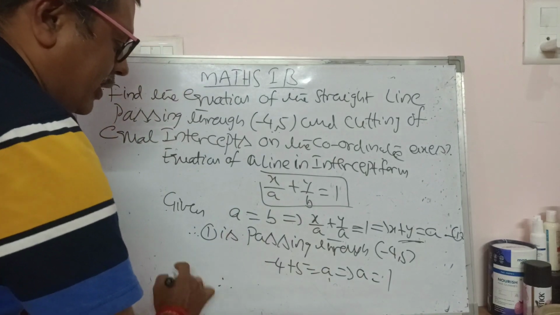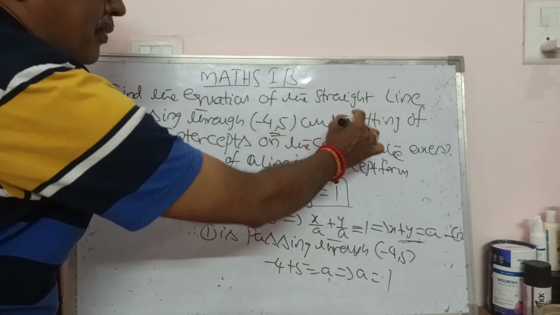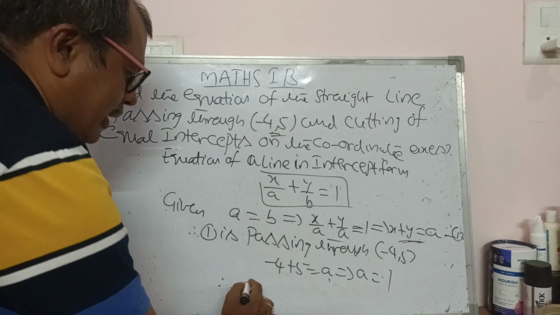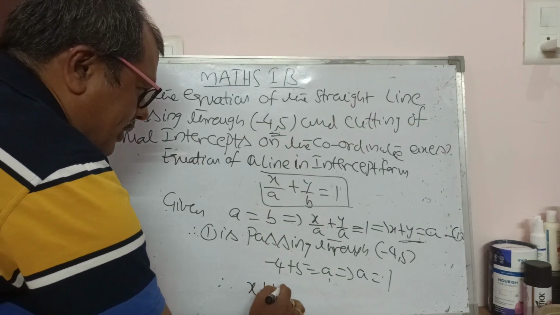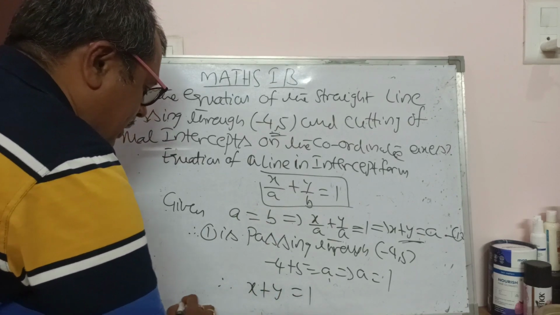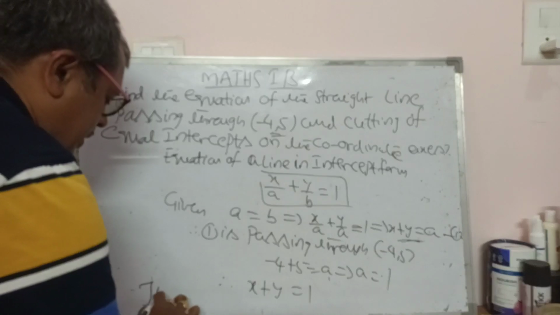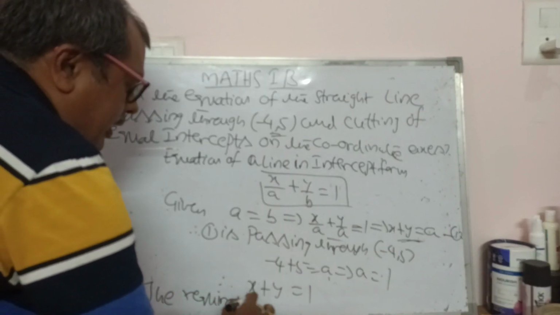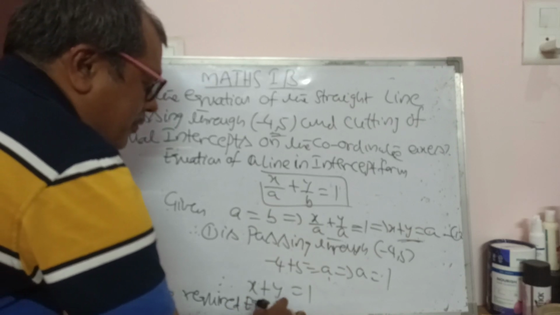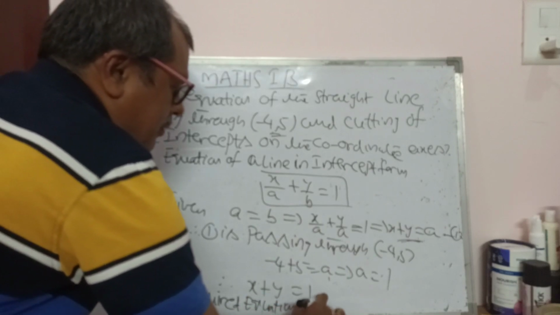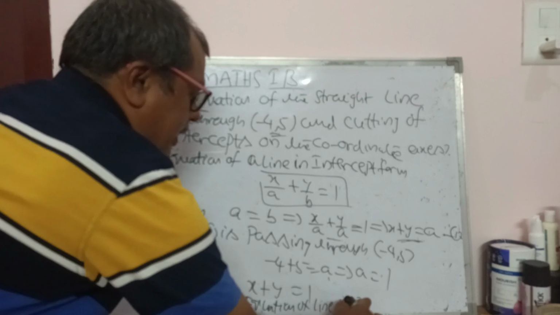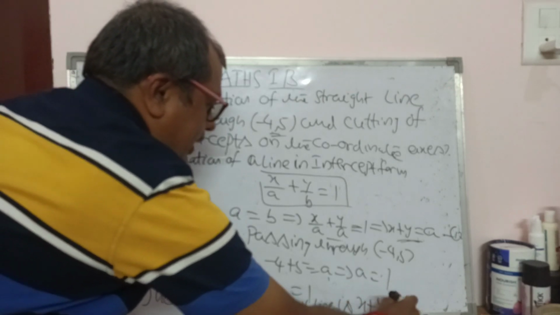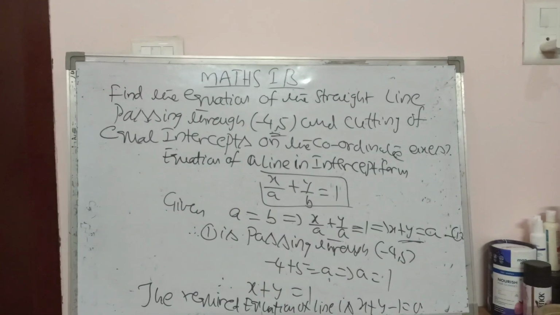Therefore, the required equation of the line passing through (minus 4, 5) and cutting off equal intercepts is x plus y is equal to 1. So the required equation of the line is x plus y minus 1 is equal to 0.